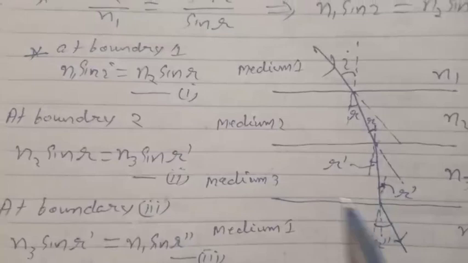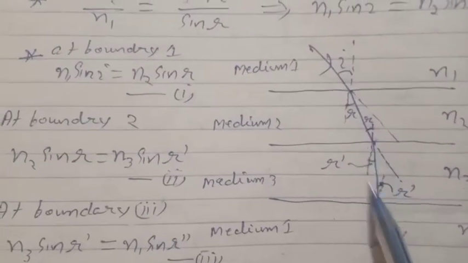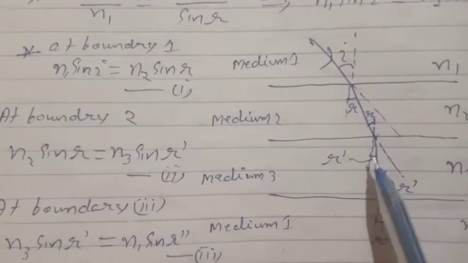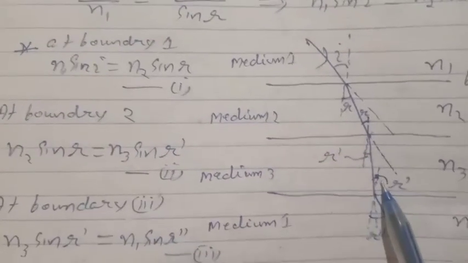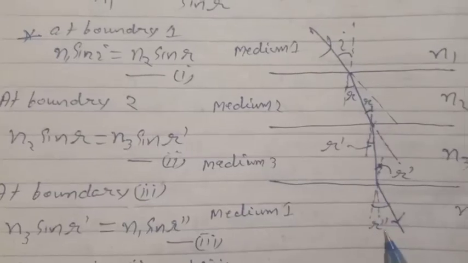Again for the third boundary, because this line is parallel to this line, this angle will be equal to this angle, and r dash will be the angle of incidence for the third boundary, and this will be the angle of refraction.